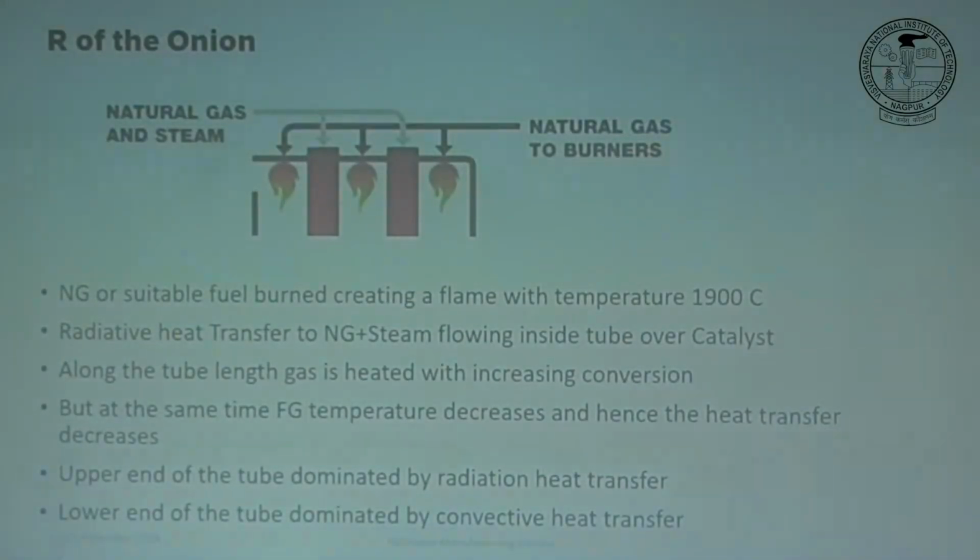And you will have very high heat transfer rates in the starting, but as you go along the tube length, what will happen? Your flue gas will get cooler and cooler because it's supplying heat to your feed stream, right? And your feed stream will start getting hotter and hotter. At a certain temperature, reaction will start, right?